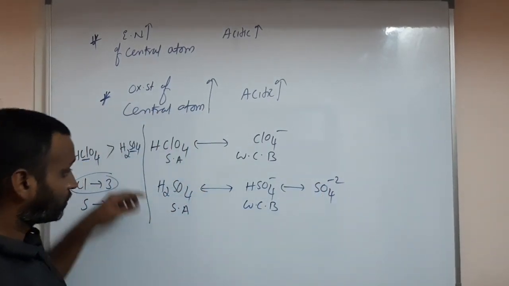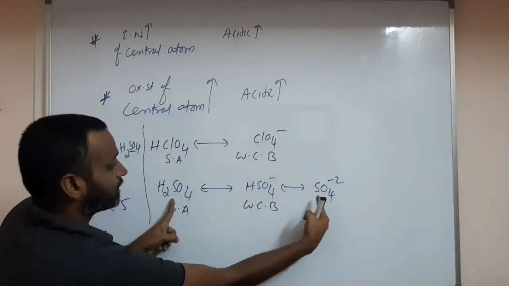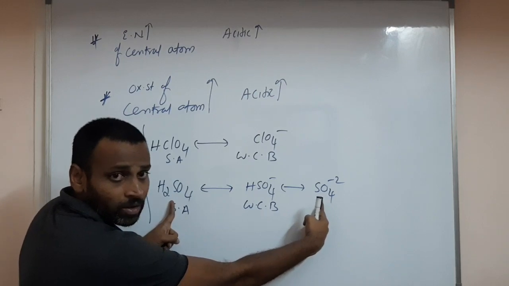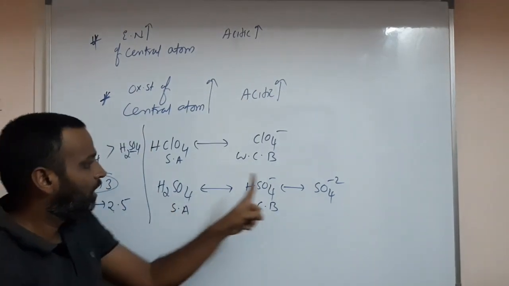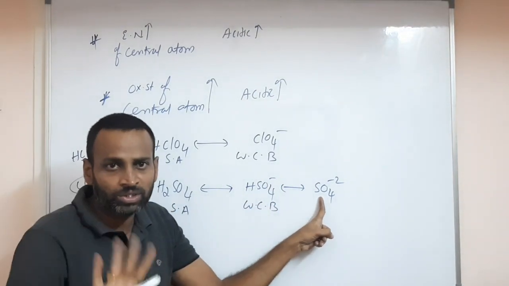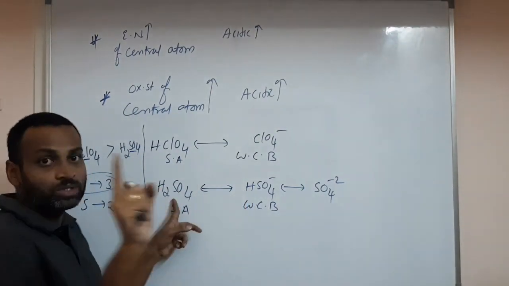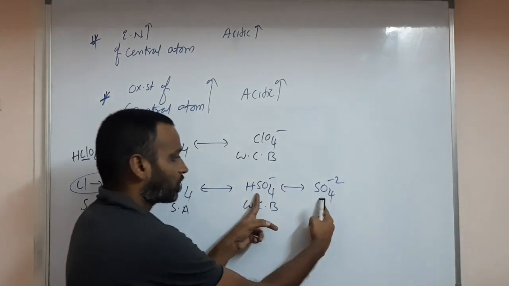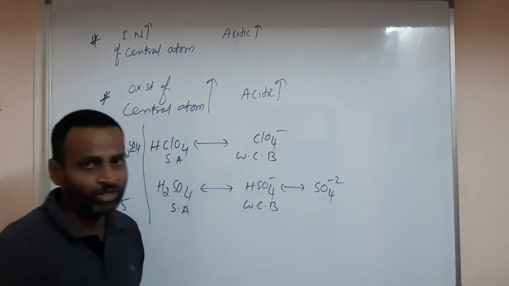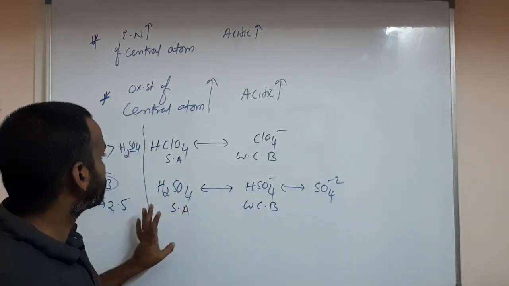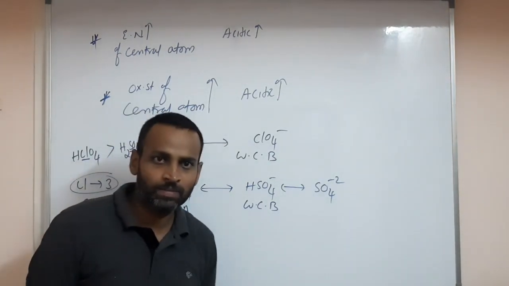Here you have to remember these two: this and this cannot be a conjugate acid base pair. These two are conjugate acid base pairs, yes, because they differ by one proton. These two are also a conjugate acid base pair, yes, differing by one proton.